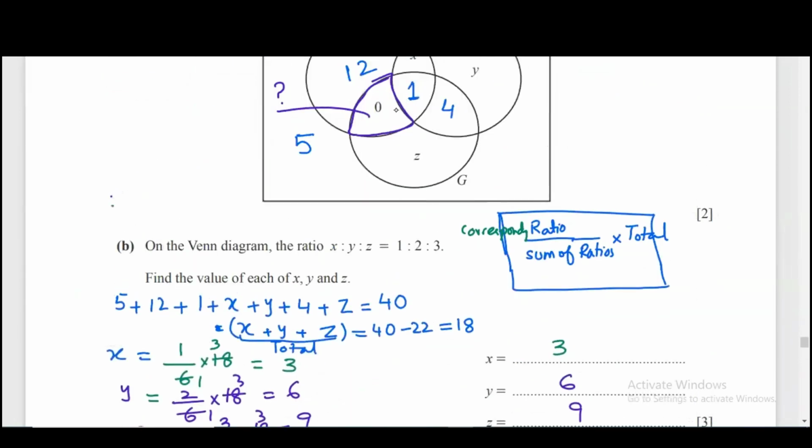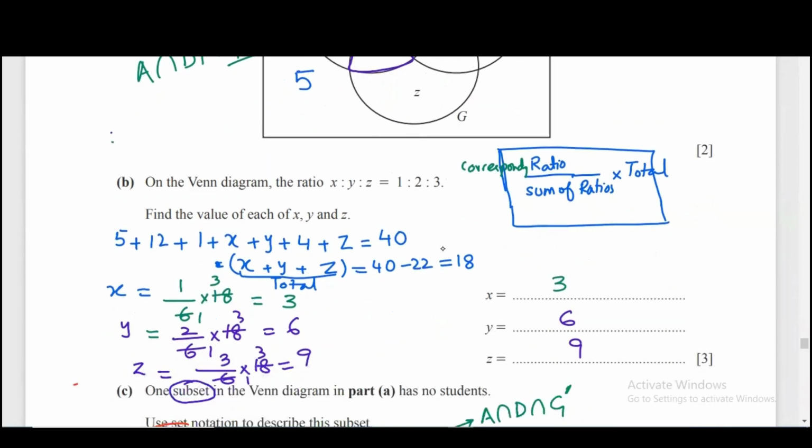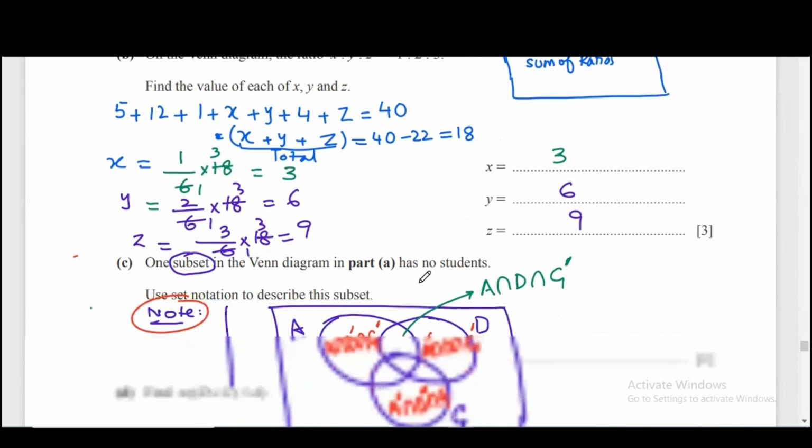So we can say this is A intersection G, and this region is beyond D, so mark D complement here. So you can say this is A intersection G intersection D complement, in any order.